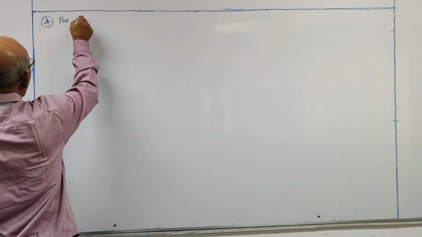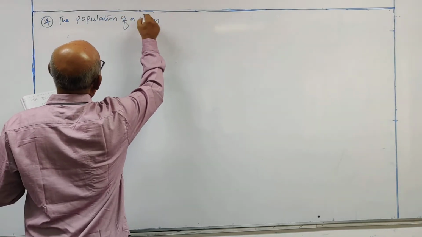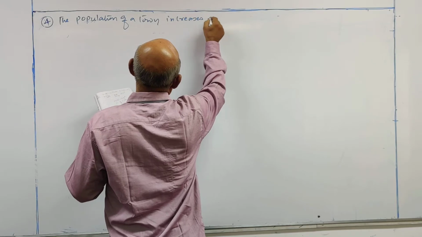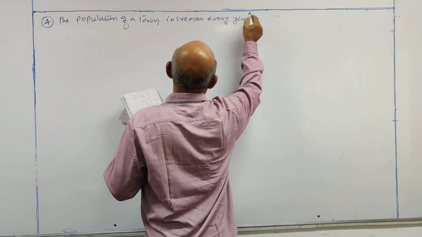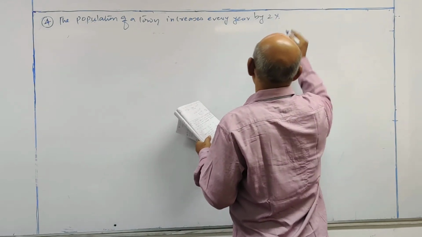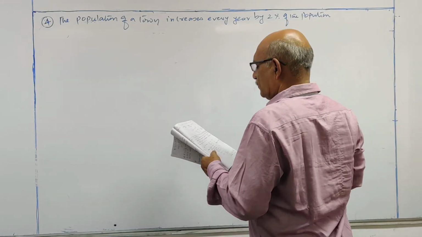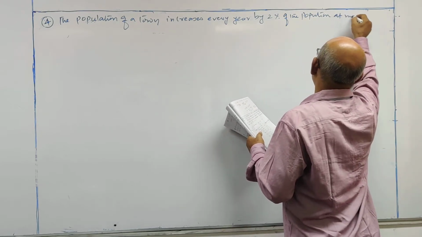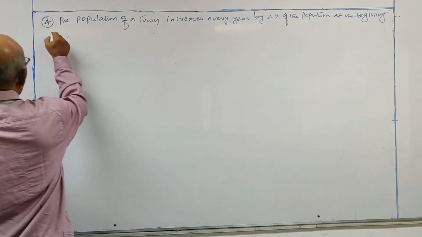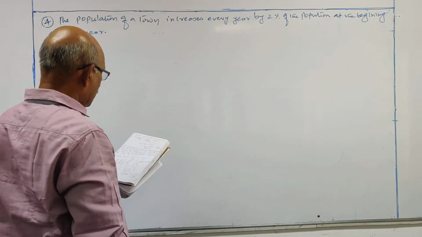The population of a town increases every year by 2% of the population at the beginning of that year.